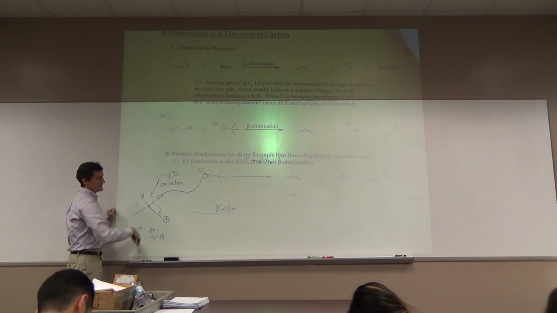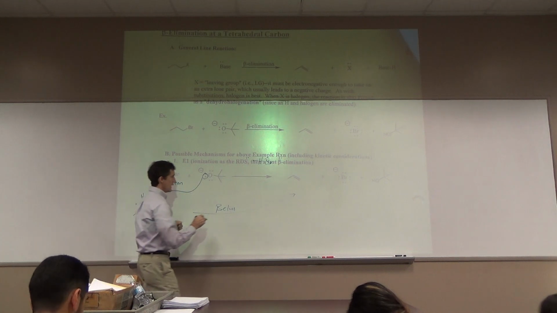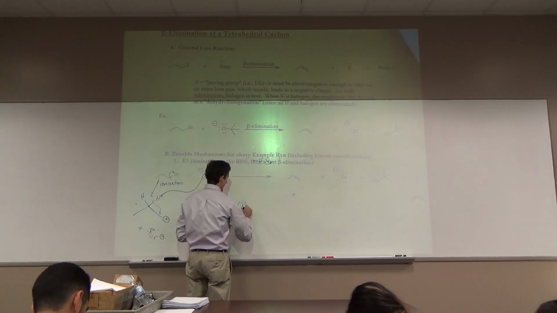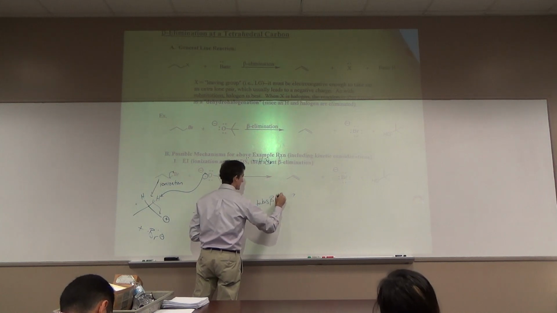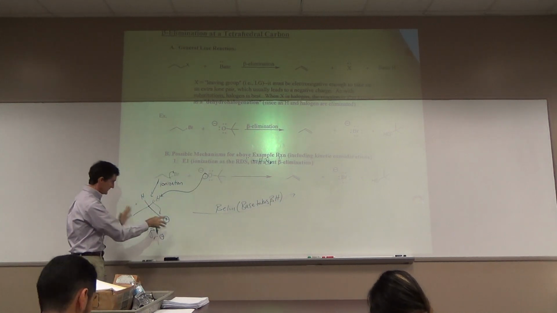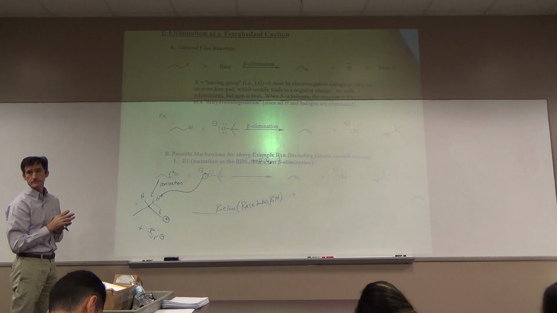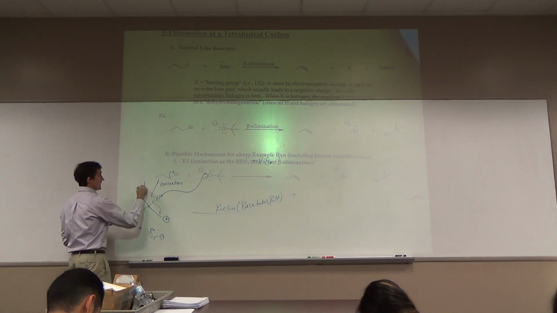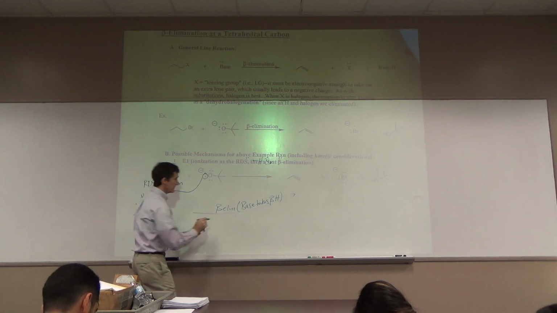The entire process is sometimes called beta elimination. More precisely, base takes beta hydrogen. I mean, that's the second step here of the E1. Which one's rate determining? Ionization, same as SN1. That means this is fast.